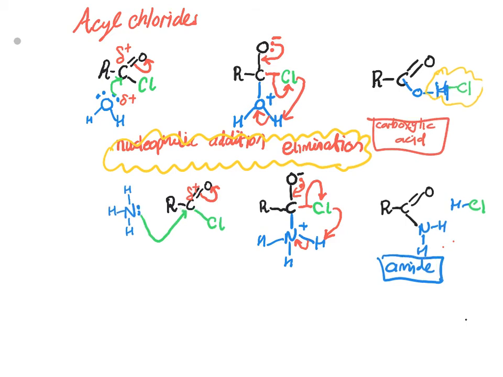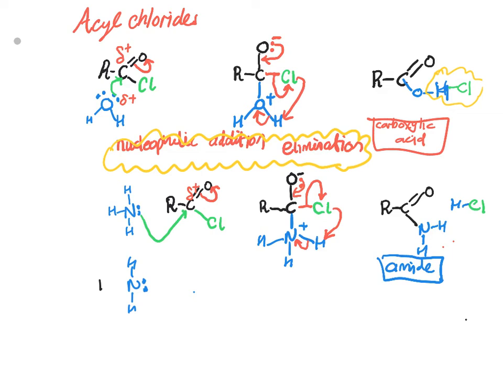You could then ask yourself, what's formed if an amine attacks an acyl chloride? Well, an amine is simply an organic derivative of ammonia. So here is a primary amine with its lone pair of electrons, and there is the alkyl group or aryl group.